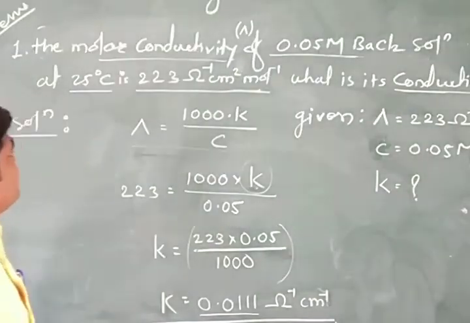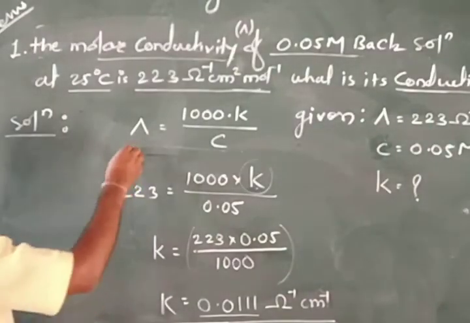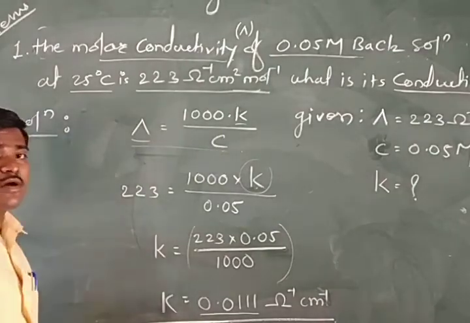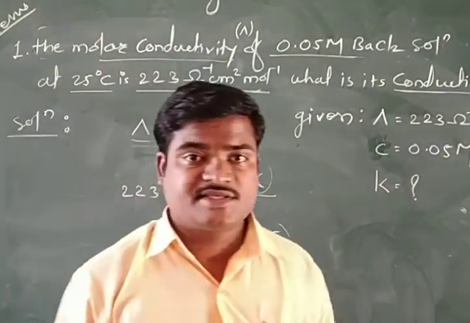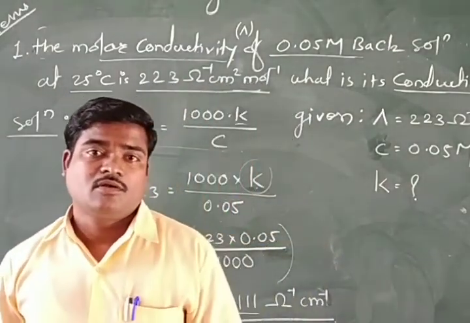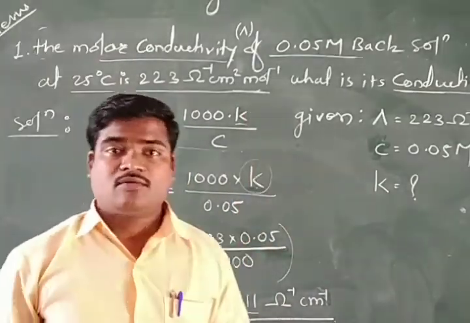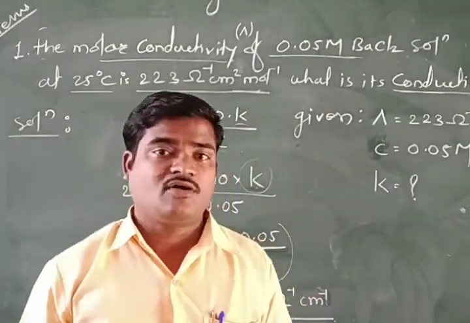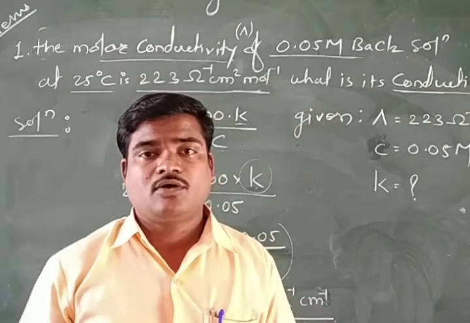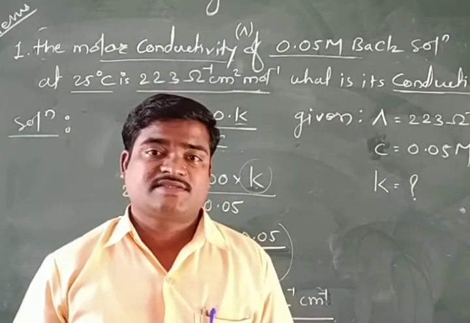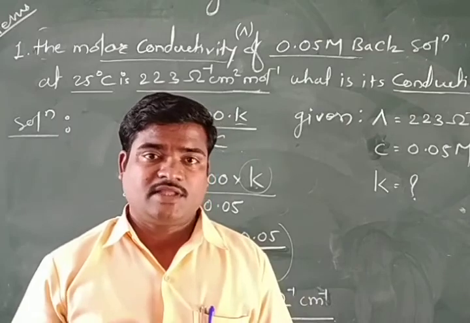This is the relation between lambda and K and the problems based on it. This is a sample problem which we have taken for your understanding. Likewise there are a number of numericals that you have to take for practice and solve. Thank you very much.